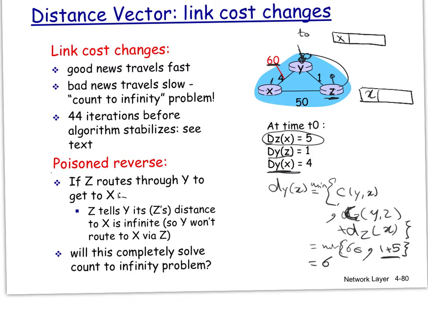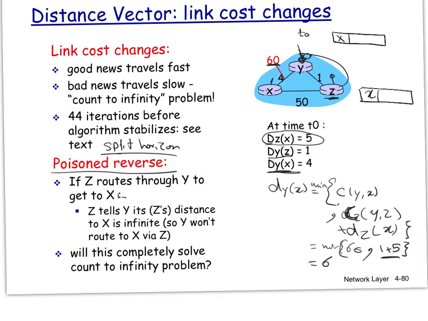So the way that they resolve this issue is through what we call poison reverse. In fact, they call it split horizon with poison reverse. This is what we have studied in Network 2, if you remember. Okay?